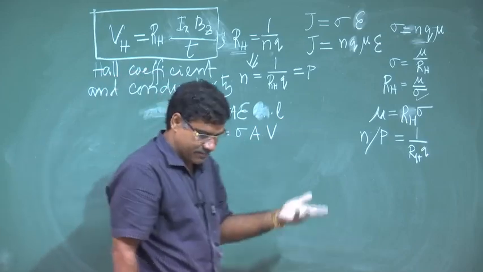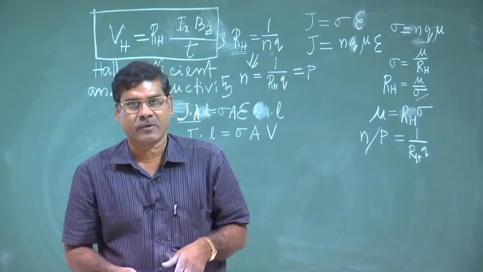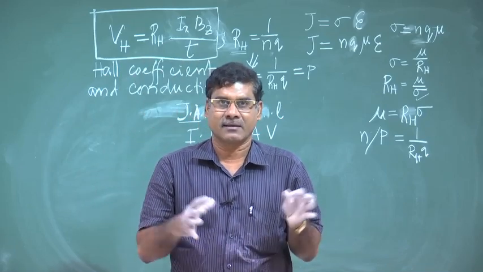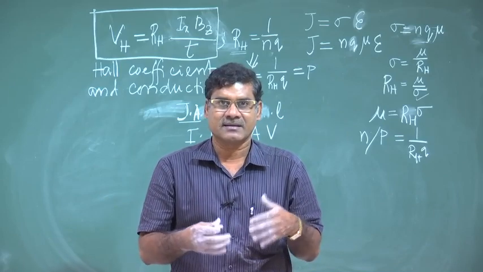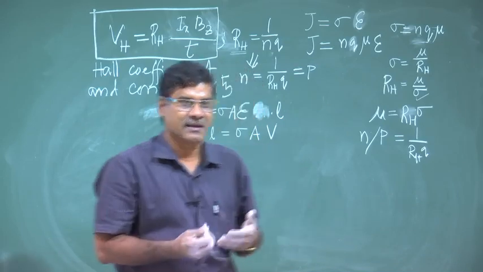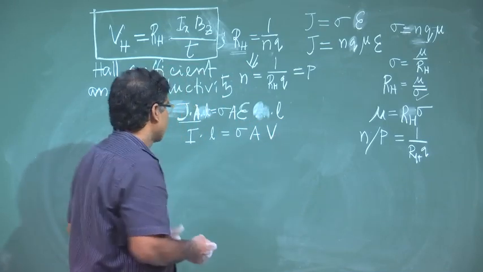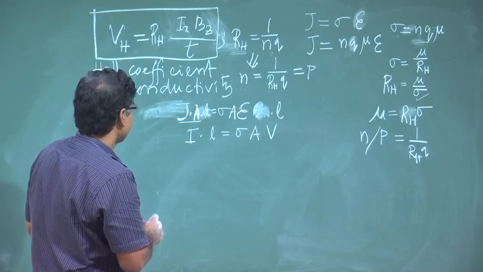So, for measuring current and for measuring voltage, we have ammeter and voltmeter. So, I can design the experiment. I need some realistic parameters which I can measure. Okay. So, this form is suitable form.